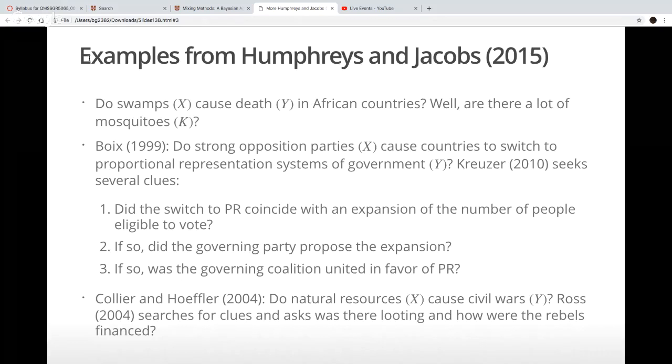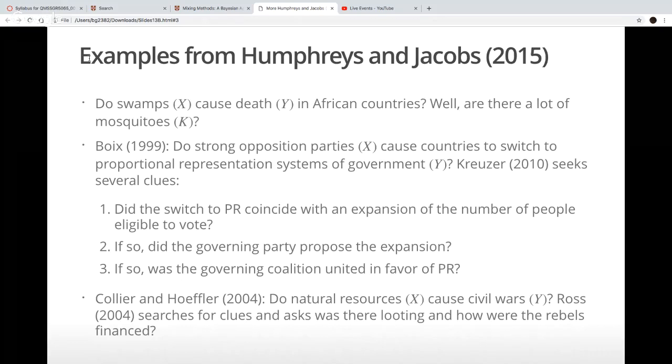But you would need the clue data on the mosquitoes in addition to the data on the presence or absence of swamps and the death rate or the life expectancy or something of the adjacent area. So that is one fairly simple example, I guess, from public health.